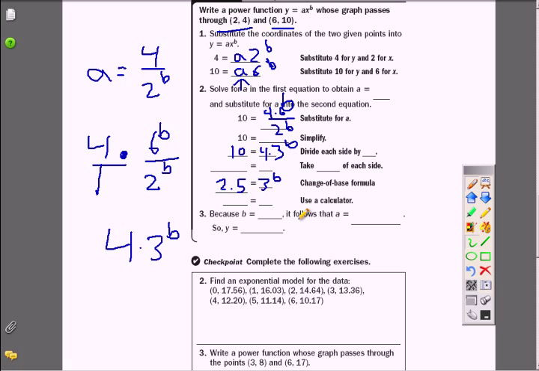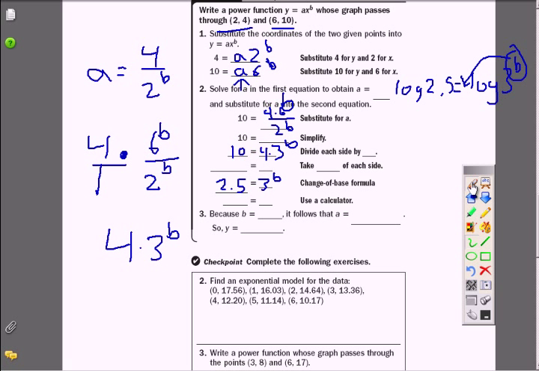If I go along with my change of base or all the stuff that I do to figure that out, I can find my answer. What I would probably do, like I always do, is take the log of 2.5, and make that equal the log of 3 to the b. I drop my b down in the front here, and I divide both sides by the log of 3.